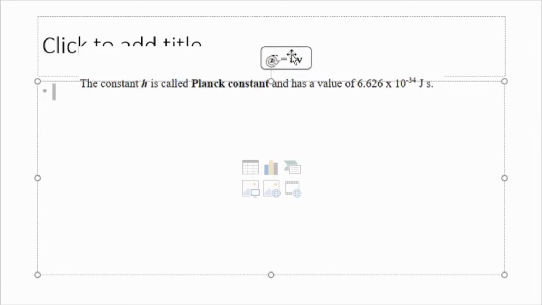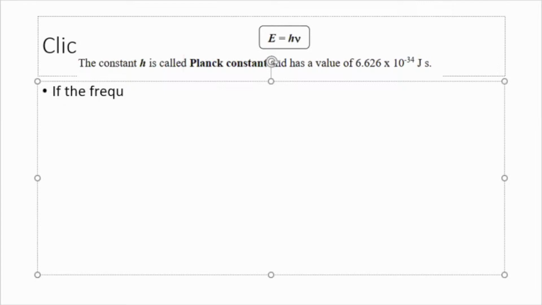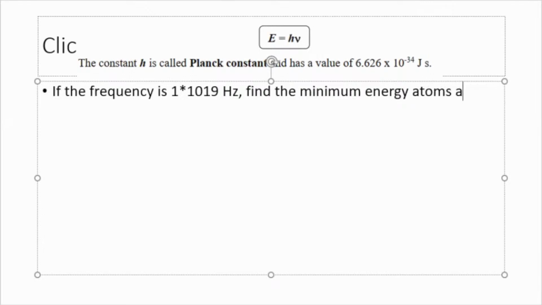If I give a question like this: if the frequency is 1 into 10 to the power 19 hertz, find the minimum energy atoms can absorb or release. Okay, the question is given like this.